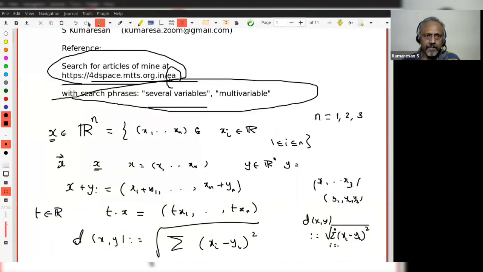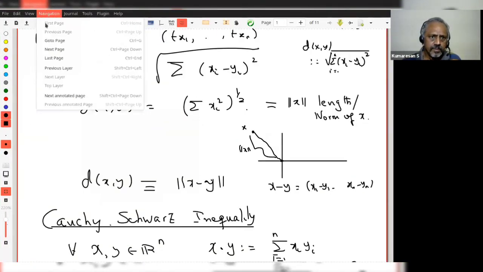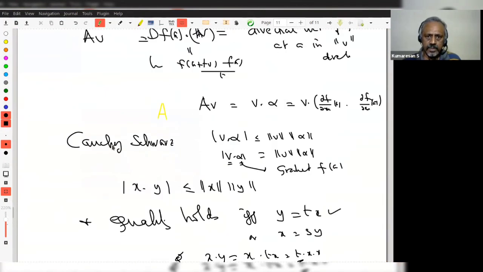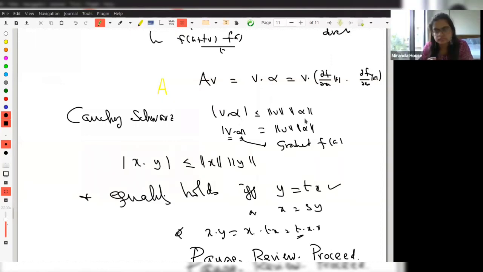See, I think you missed the last few minutes of my lecture. Let me just share again and show you. See, this is the Cauchy-Schwarz inequality, right? For V and alpha vectors, modulus of V dot alpha is less than or equal to length of V into length of alpha.